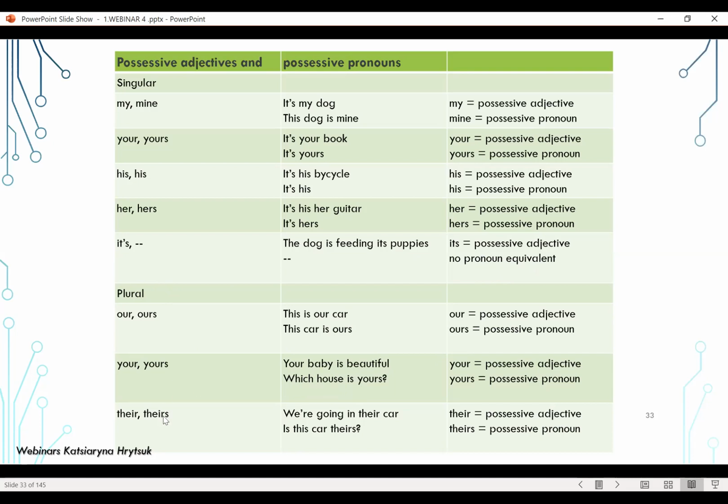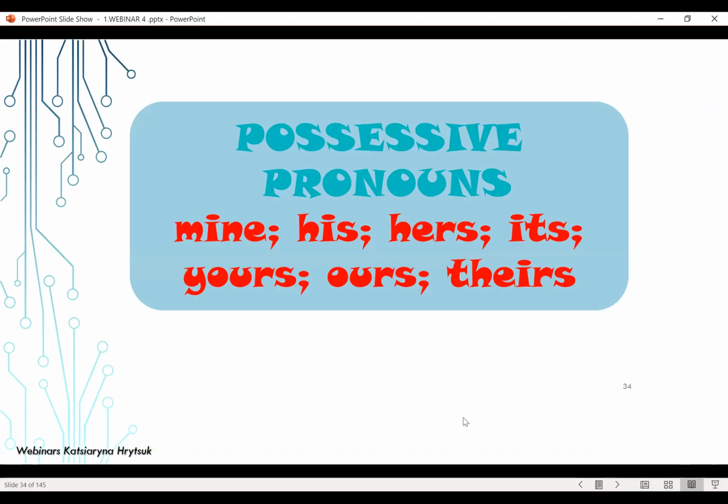So their, theirs, we are going in their car, so their, possessive adjective. Is this car theirs? You can hear it like this, quite difficult to understand if you don't know what theirs is talking about. Is this car theirs? So, theirs, possessive pronoun.